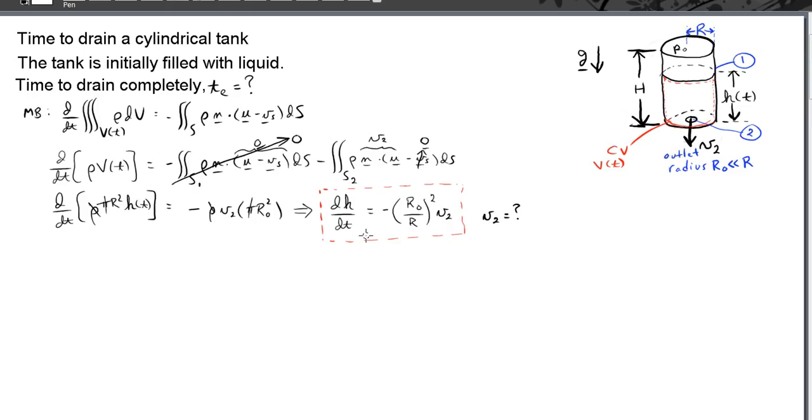So in order to do this, we're going to assume that the liquid level in the tank changes slowly, such that it may be treated as quasi-steady.